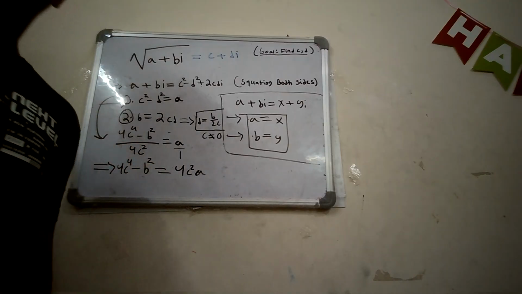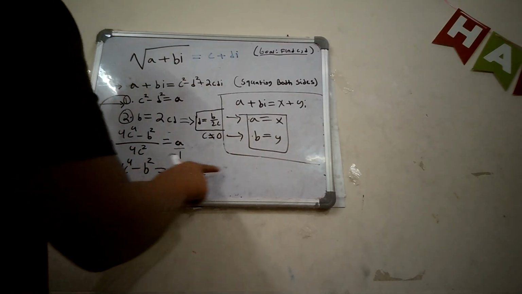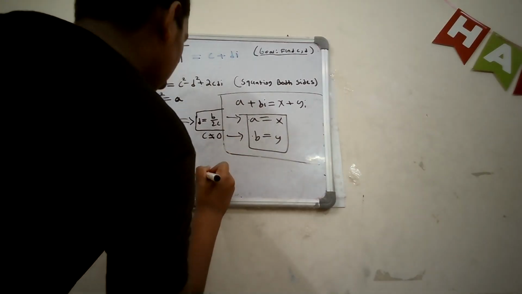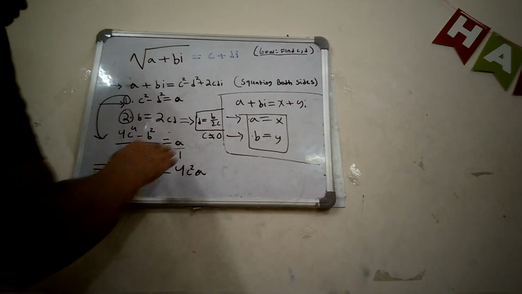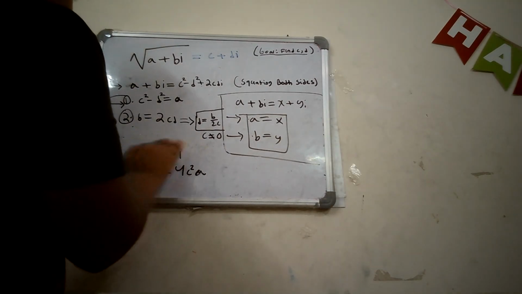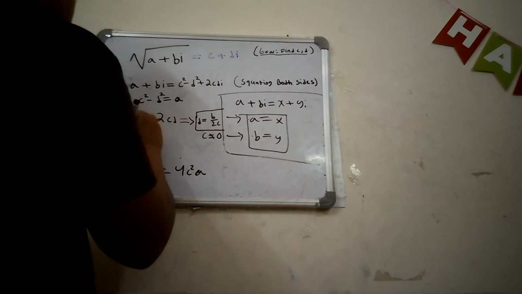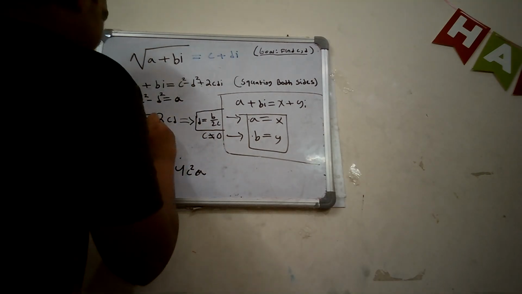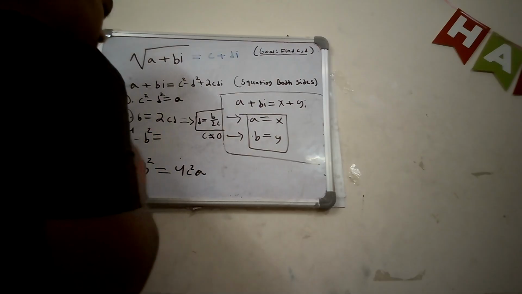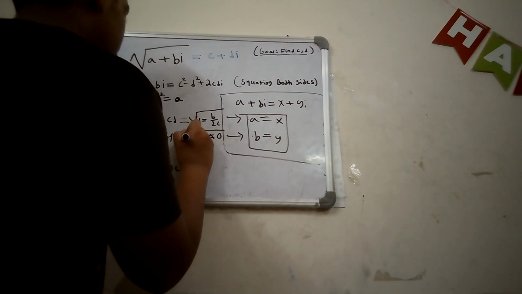So you'll see in the end. Okay, so now we have this. So now let's erase this, and now we have a quadratic equation. Minus b squared equals 4c squared a.